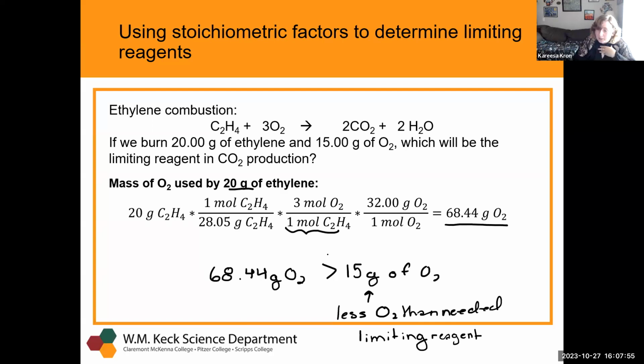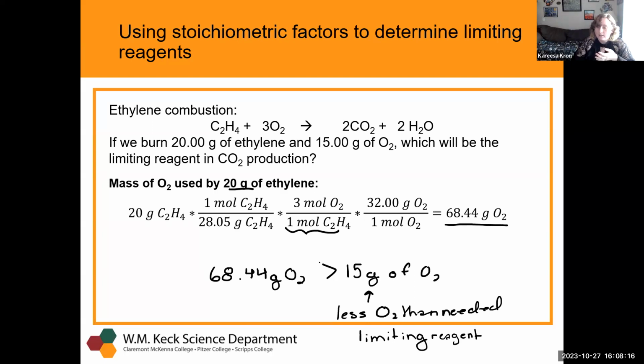But if I see part B is going to ask me about the yield of this reaction, then it might be faster to calculate the theoretical yields in the first problem. And so this is two different ways to approach the same issue of determining limiting reagents and how that can potentially affect our yield.